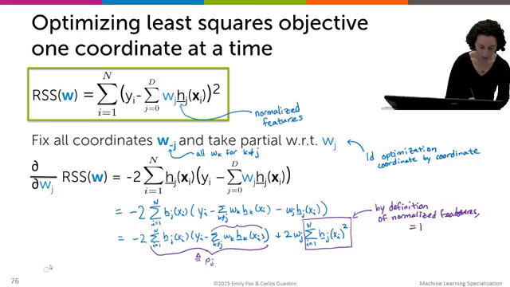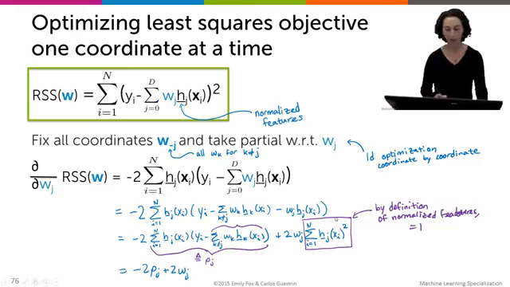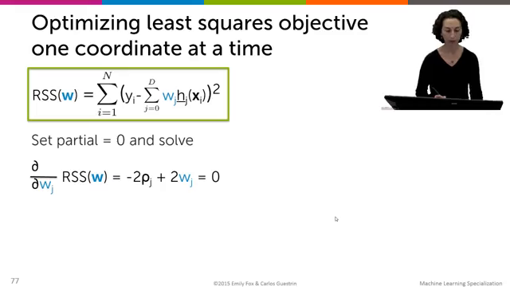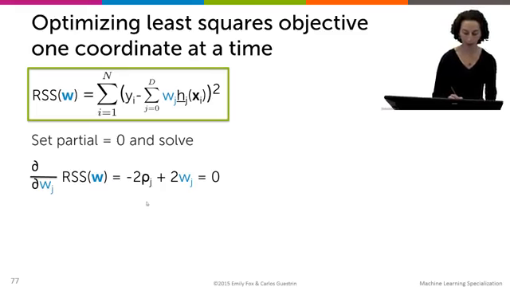Okay, well, let's just rewrite what we've done. The result is we get minus 2 rho j plus 2 wj times 1. So this is my partial with respect to wj of my residual sum of squares. And like I said, I'm going to set this partial equal to 0, and I'm going to solve for wj.